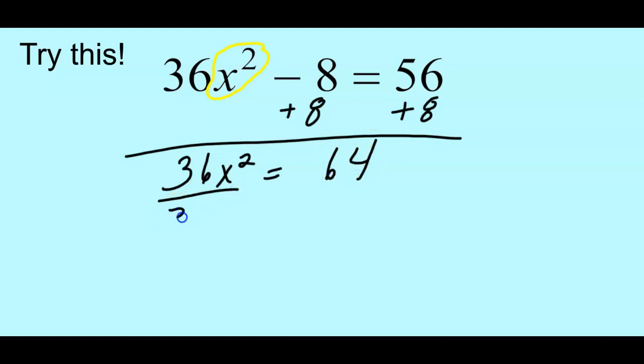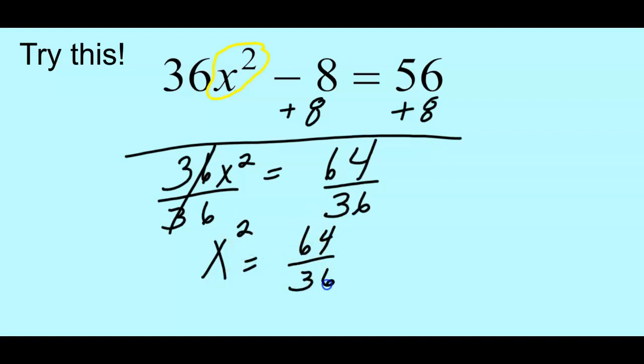Divide both sides by 36. Okay, so those are both even. I see that they'll probably reduce, but I also see that they're both perfect squares. So I'm going to take the square root before I reduce that. So take the square root of both sides.